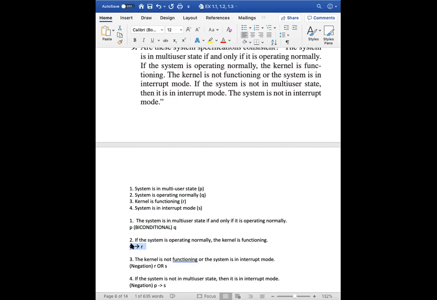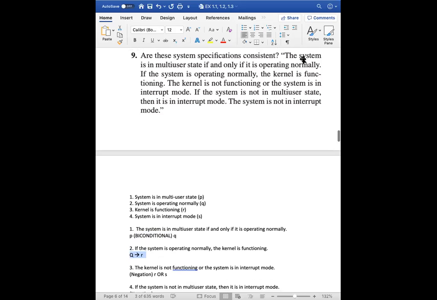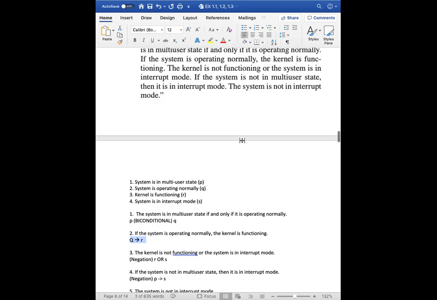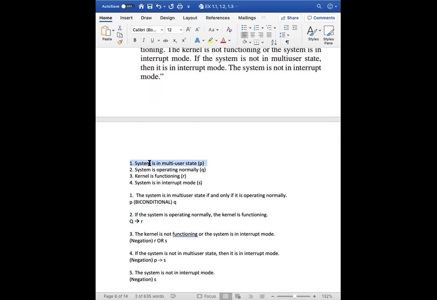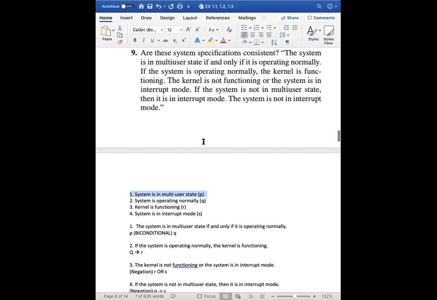These are determined through the English text that is given to us. Then we formed the sentences which help us make up those propositional statements. We took, for example, the first sentence, the system is in multi-user state if and only if, and we represented that English sentence by using these variables. So is it consistent or not?